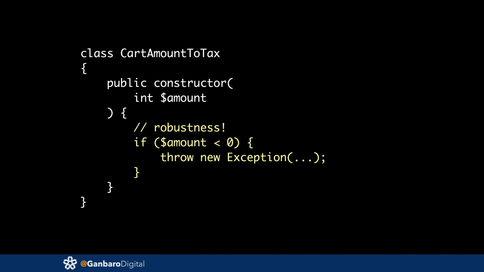So I've decided that there's a constraint here which is we're not going to accept negative amounts of money. Otherwise, we could just use integers. It's a shopping cart. We might give some goods away for free, but in general, customers are meant to pay us for the goods we're selling. So negative amounts of money are an error condition that should never reach our code. So we're going to check for that and throw an error if it occurs.